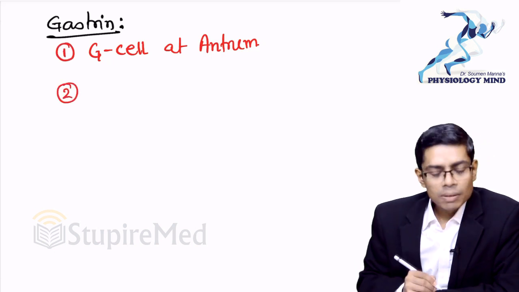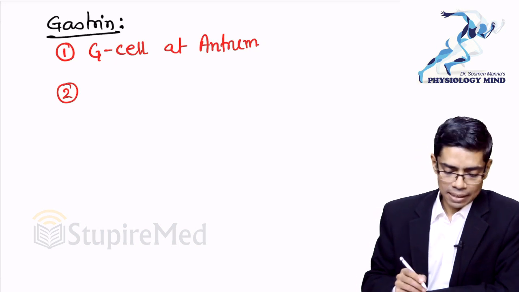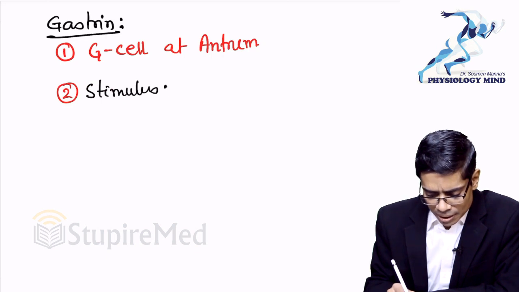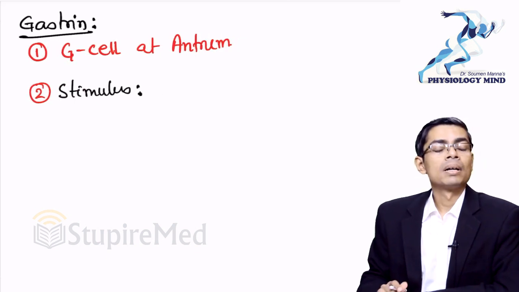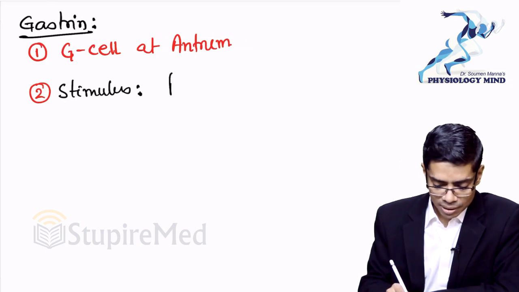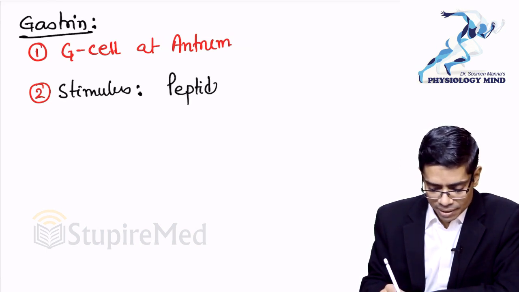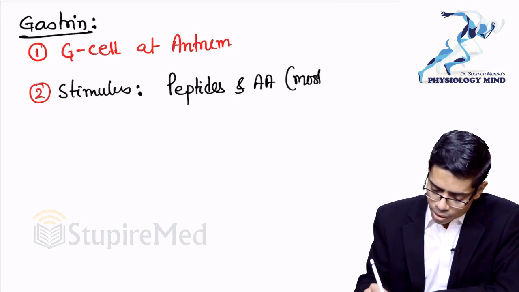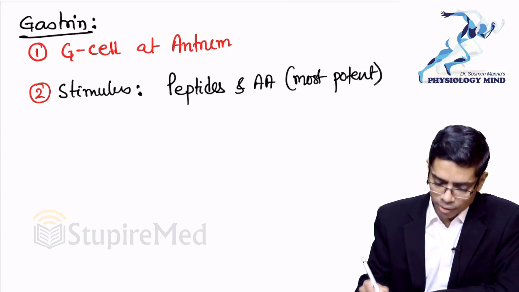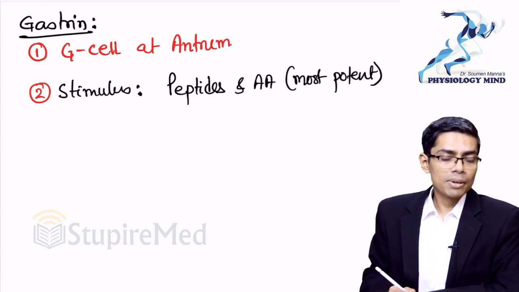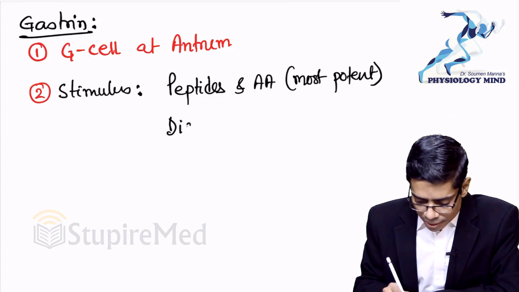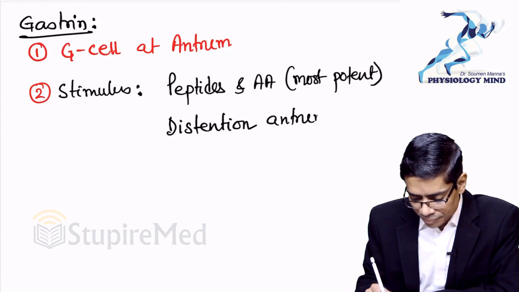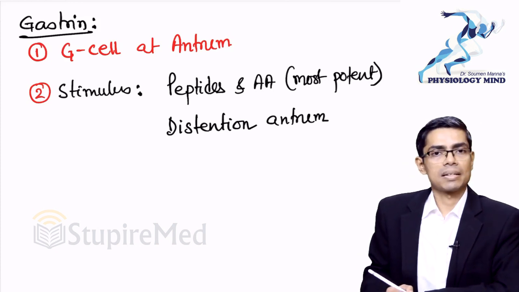Second, when will gastrin be secreted, meaning the stimulus. Multiple times they have asked this question. Stimulus for gastrin release: the most potent stimuli are peptides and amino acids. Apart from that, distension of the antrum region of the GIT also causes release of gastrin.